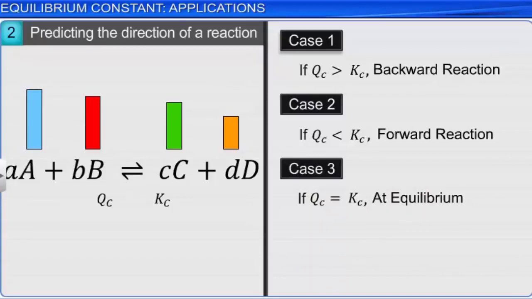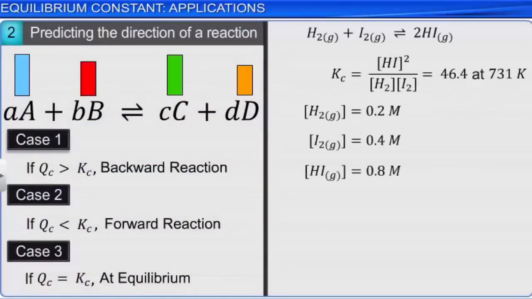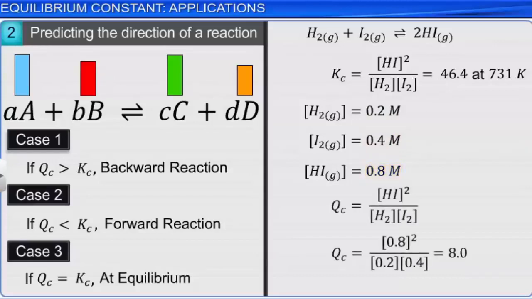For example, the equilibrium constant for the gaseous reaction of hydrogen with iodine to form hydrogen iodide at 731 Kelvin is 46.4. Suppose at a given time, the molar concentration of hydrogen is 0.2 M, that of iodine is 0.4 M, and that of hydrogen iodide is 0.8 M. The reaction quotient Qc at this stage of the reaction is equal to the concentration of hydrogen iodide raised to the power of 2 divided by the product of the concentrations of hydrogen and iodine.